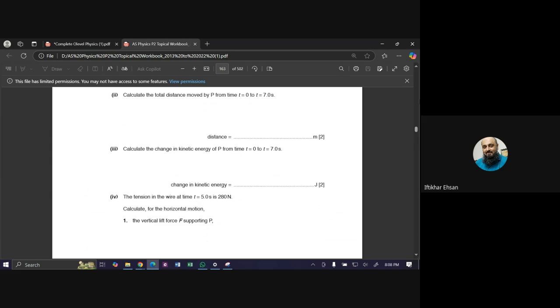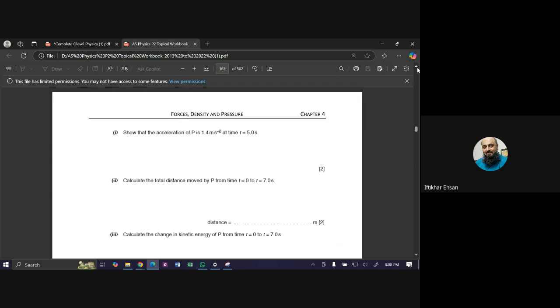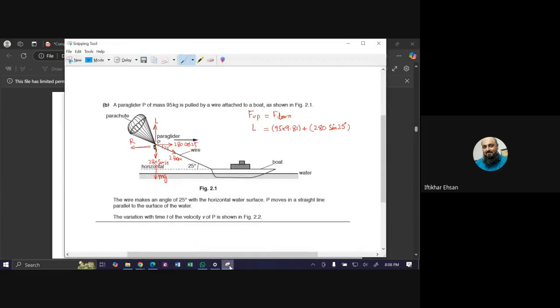Okay, 5 seconds. It is also 5 second acceleration. So it means it was accelerating. So we will use F is equal to ma. What is F? Resultant force. As it moves towards right, it means that this component of tension towards the right will be larger than this R. Very right.